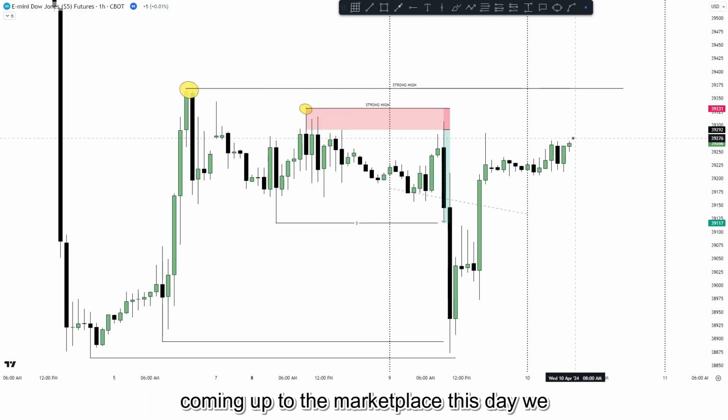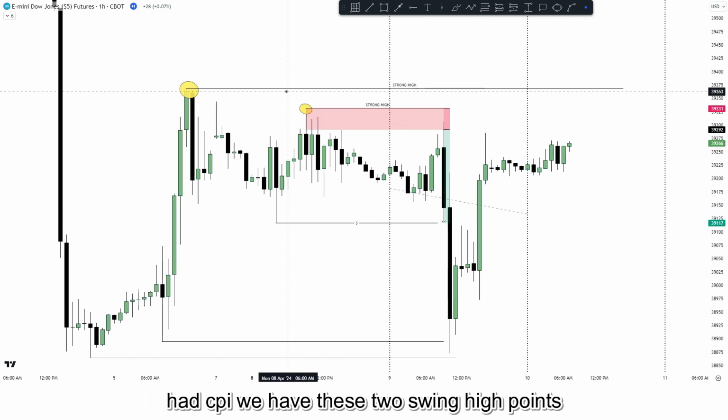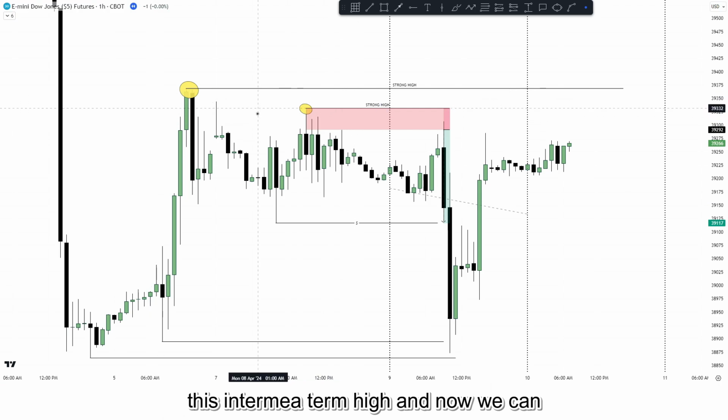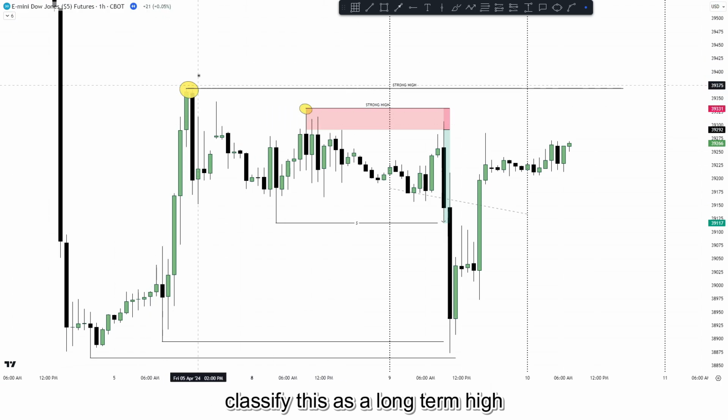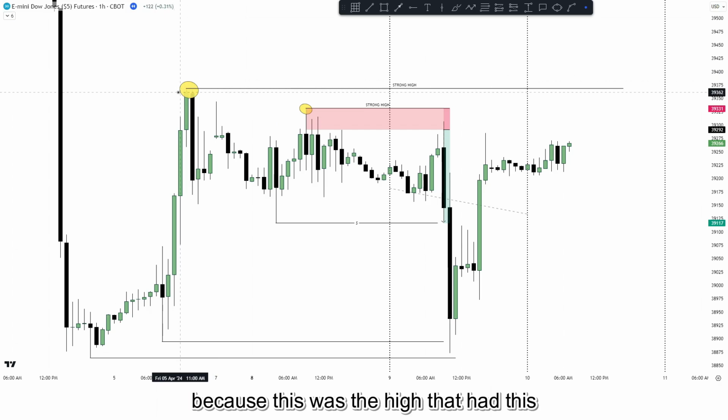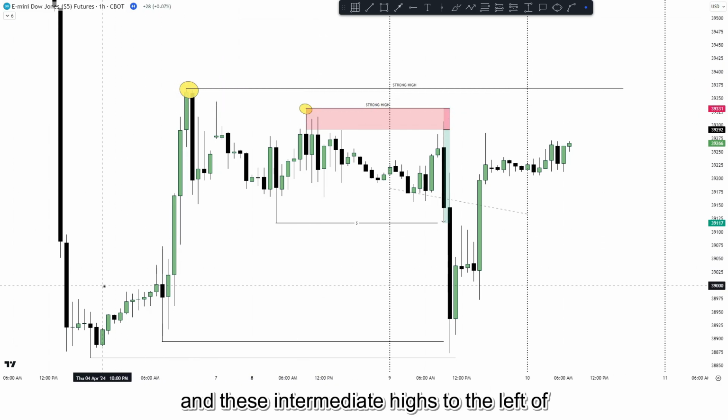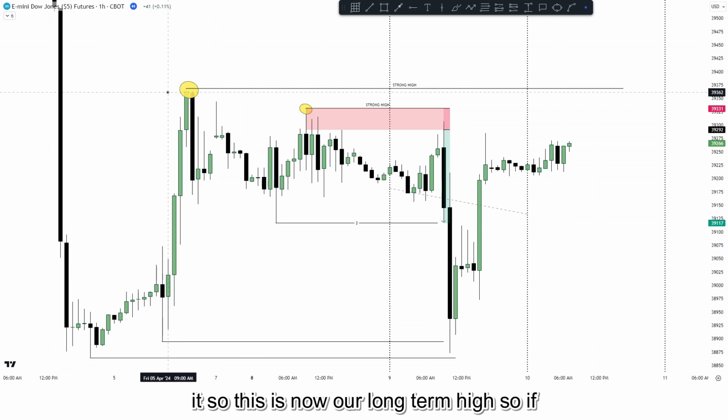Now coming into the marketplace this day, we had CPI. We have these two swing high points, this intermediate term high, and now we can classify this as a long-term high because this was the high that had this intermediate term high to the right of it and these intermediate highs to the left of it. So this is now our long-term high.